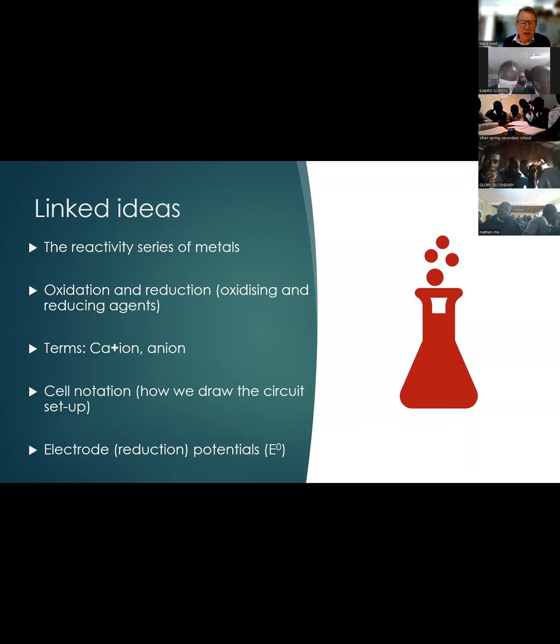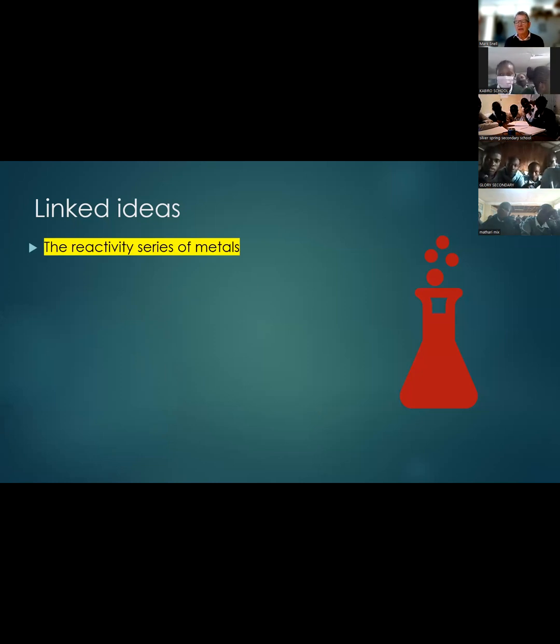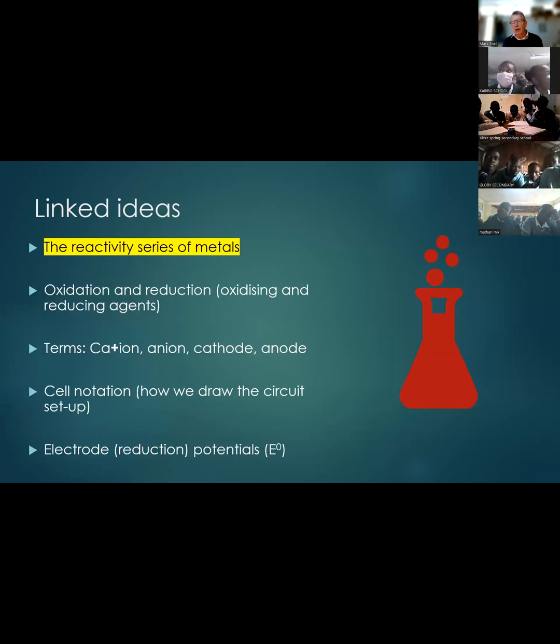The first thing we need to do, and this is a little competition for you, is to write down the reactivity series of metals. So what I'm going to do is give you a few moments now to talk to your neighbor and see if you can write down the reactivity series of some metals in a table or in a list, starting with the most reactive and going to the least reactive, preferably vertically.